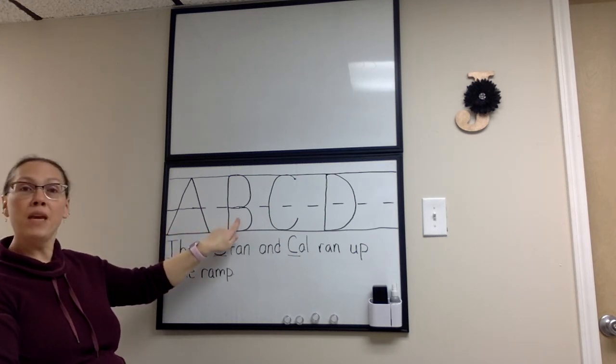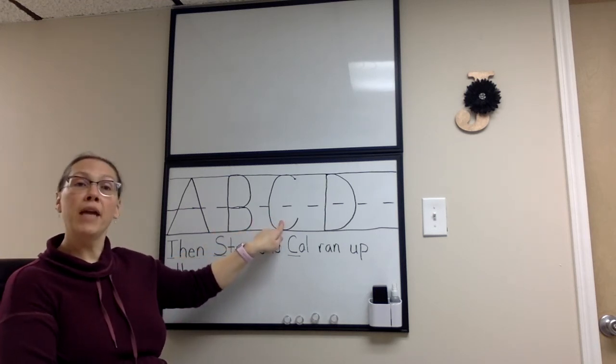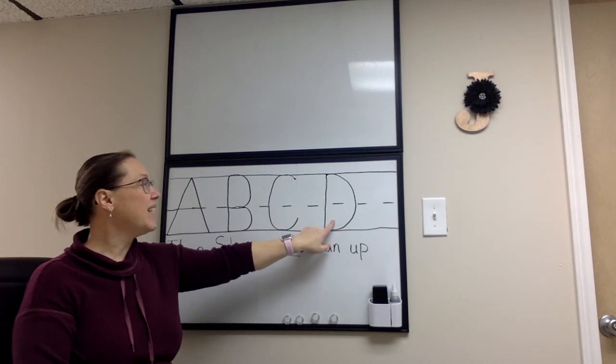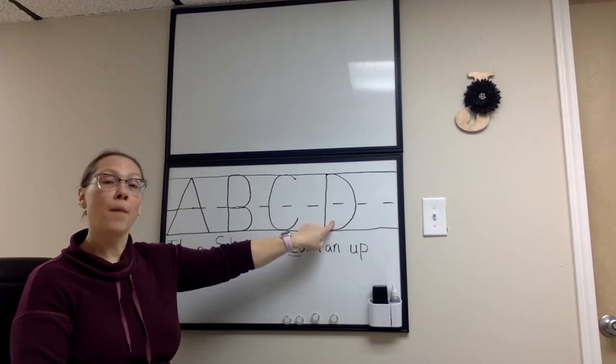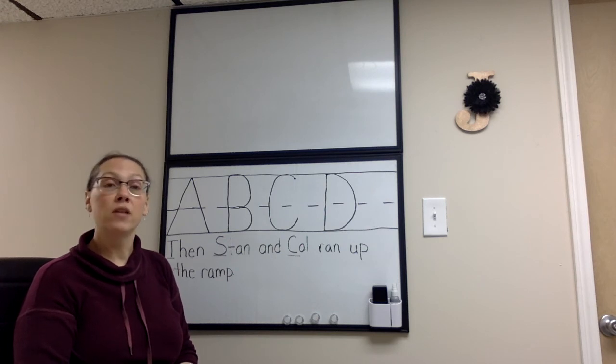The capital B and the lowercase b look completely different. Our capital or uppercase C and our lowercase c look the same. And D, our capital or uppercase D, looks completely different from the lowercase d.